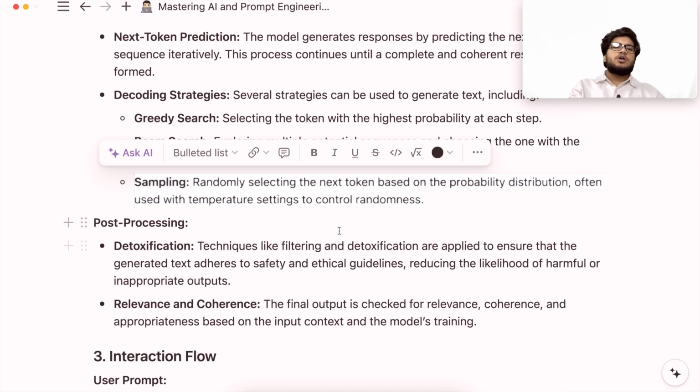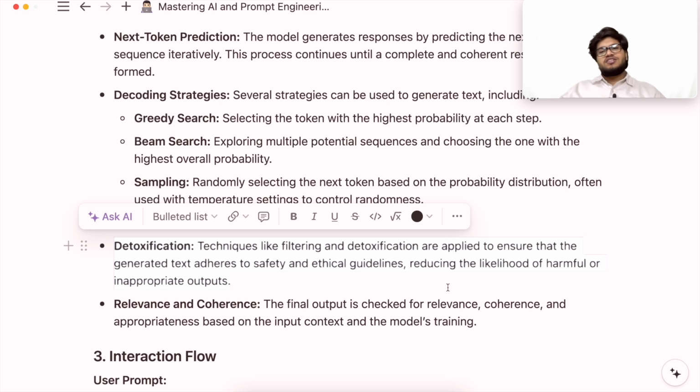Now post processing, detoxification is done. As you know, humans detoxify when pollutants are there in their body. So detoxify means what? Remove all the toxins. Techniques like filtering and detoxification are applied to ensure that the generated text adheres to safety and ethical guidelines, reducing the likelihood of harmful or inappropriate outputs.